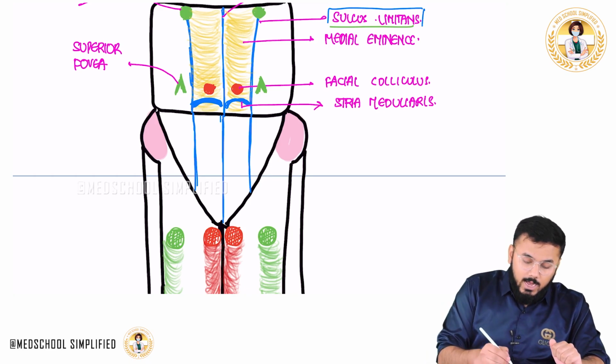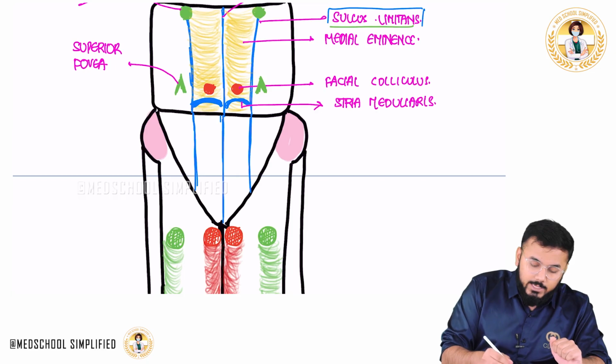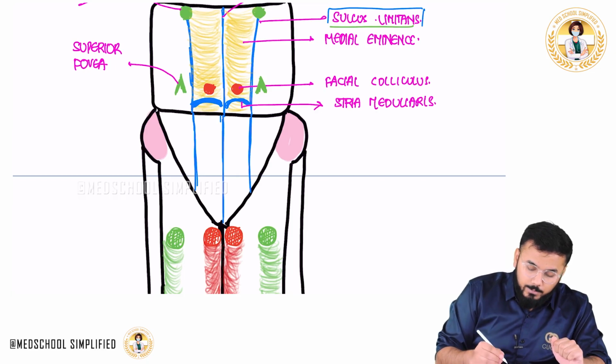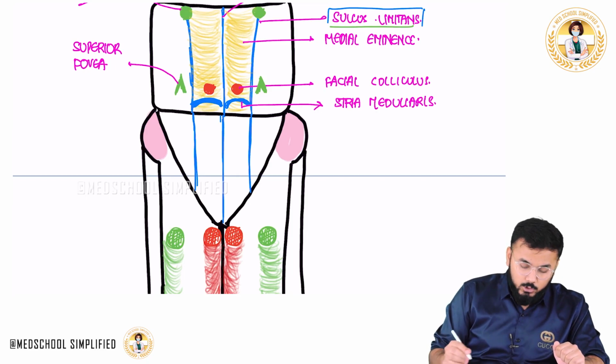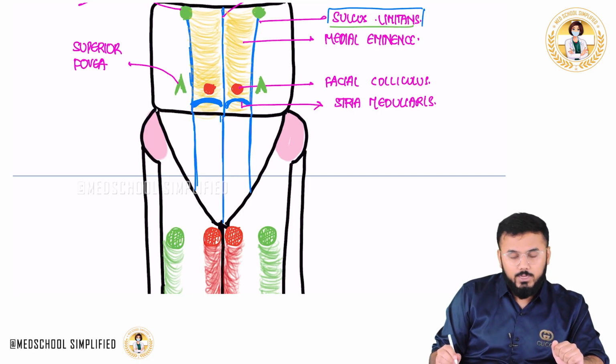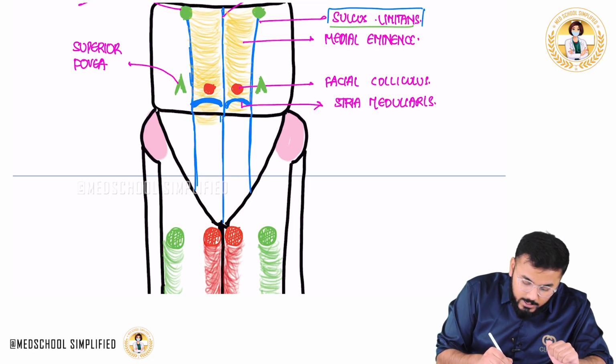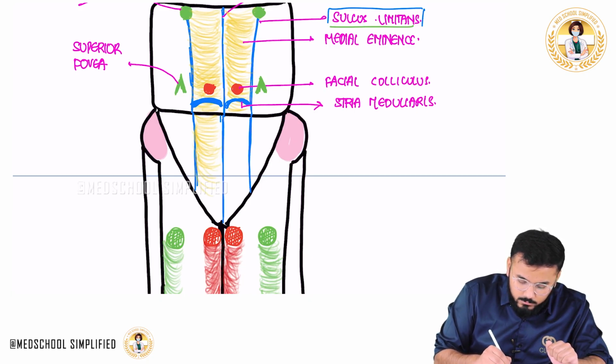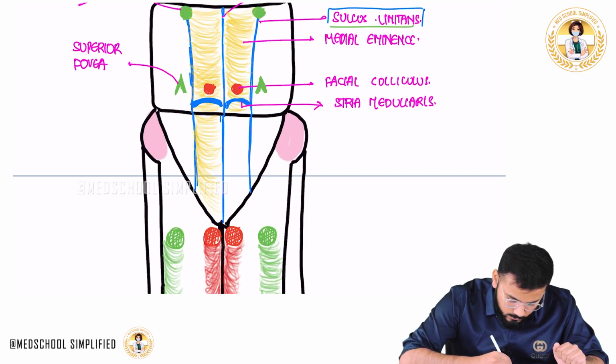After that, the next important thing is the medial eminence. So what about the medial eminence over here? If you very clearly observe, you can even appreciate the medial eminence over here. You see the medial eminence?